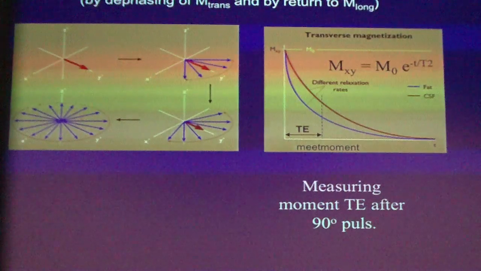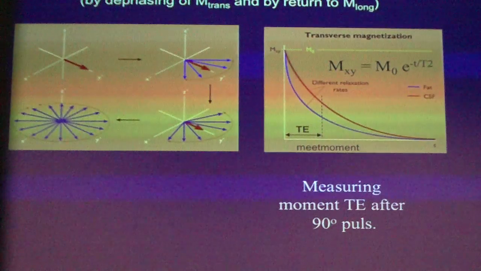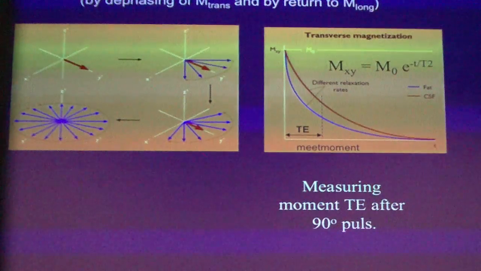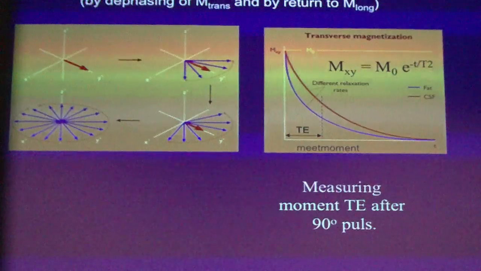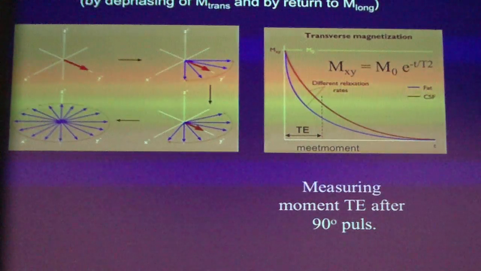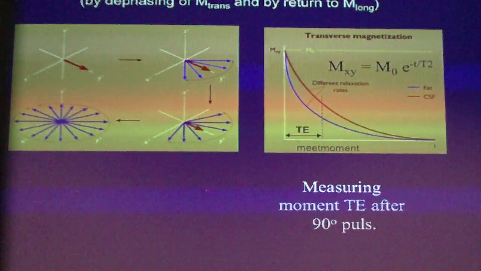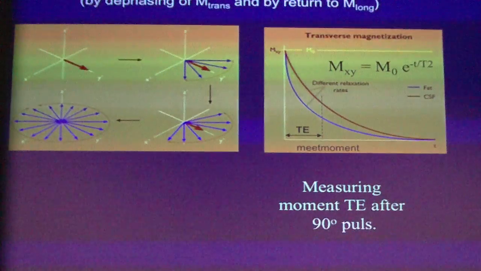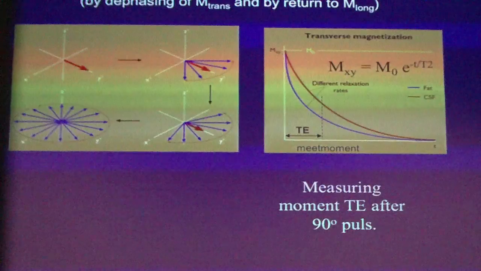Okay, and how can we get this to work for us? How can we now get contrast out of this? We have a certain moment where we do our measurement, which is what we call echo time.